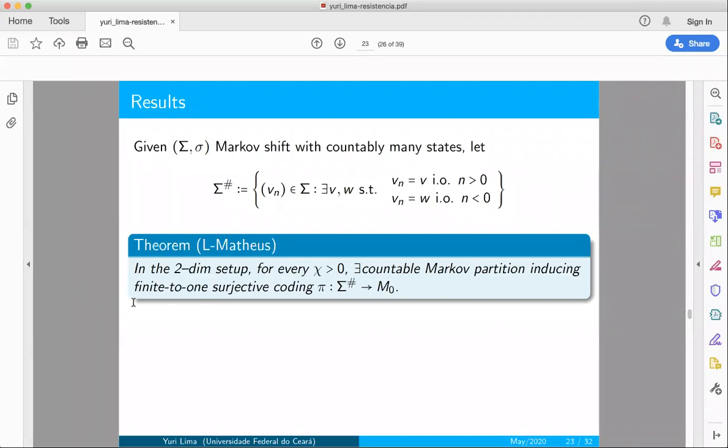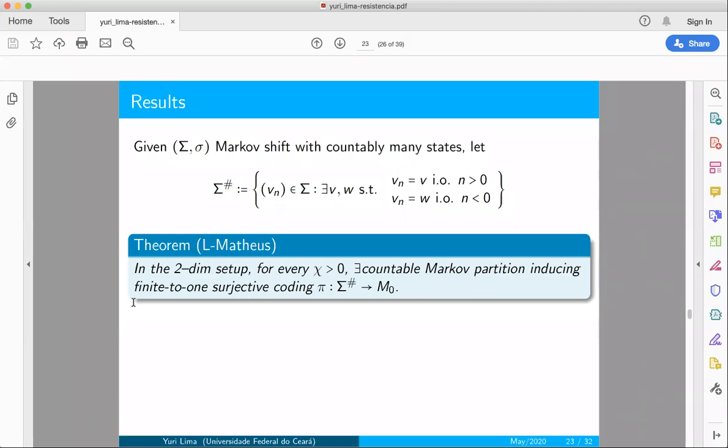And to better explain it, I need to introduce this set sigma sharp. So what is sigma sharp? If you have a Markov shift with countably many symbols, sigma, where the shift action is small sigma, then you can consider a subset of this symbolic space, which is in some sense the counterpart of the recurrence condition that I imposed with respect to passing blocks.